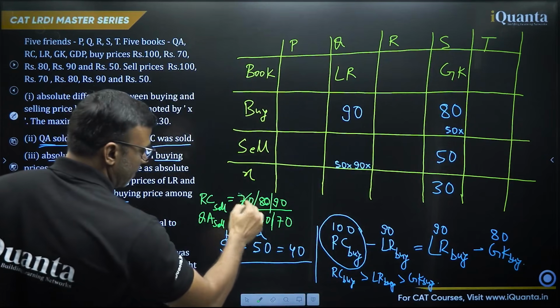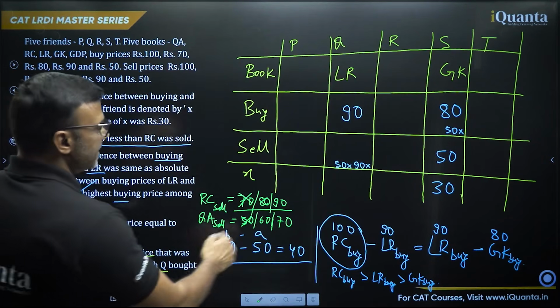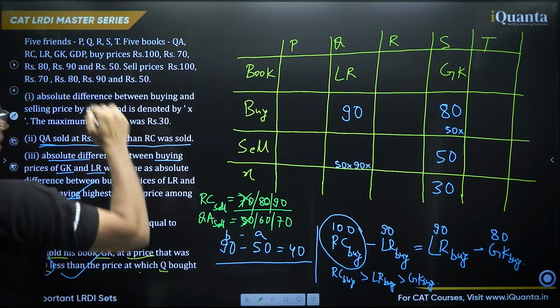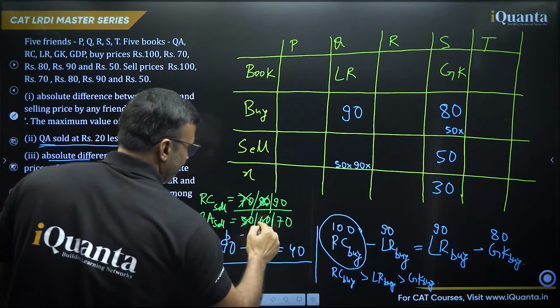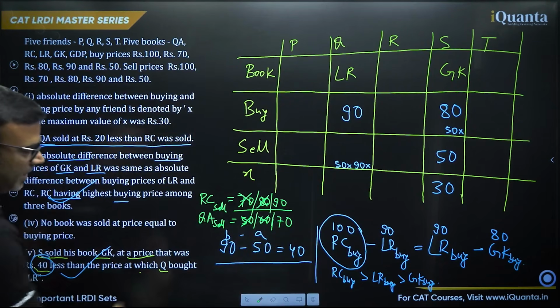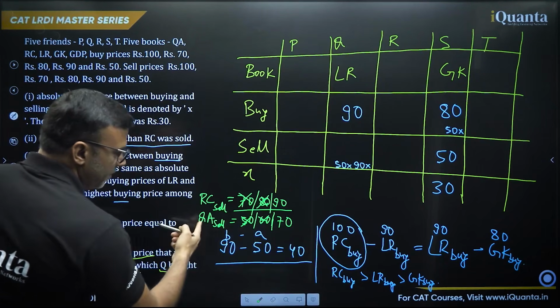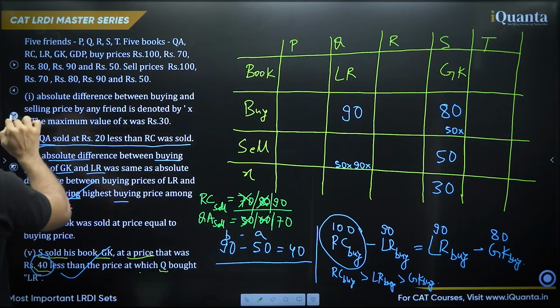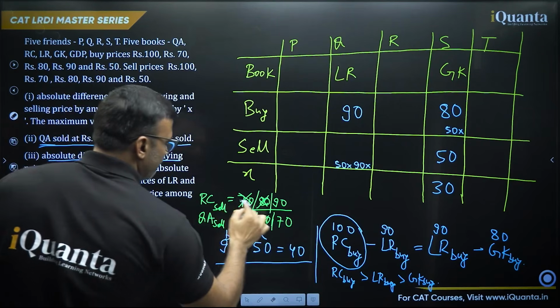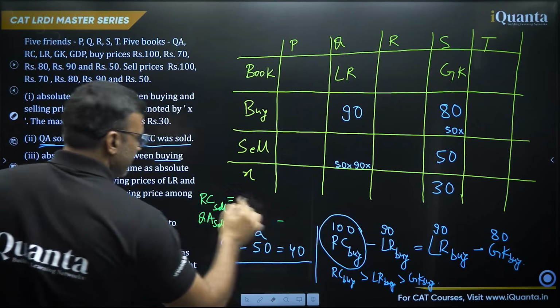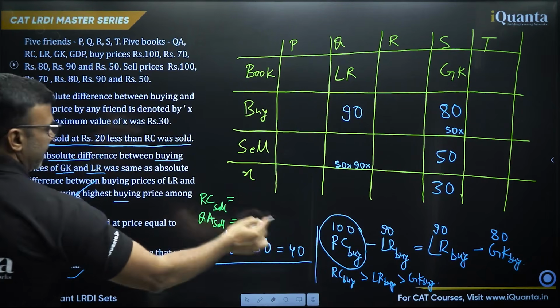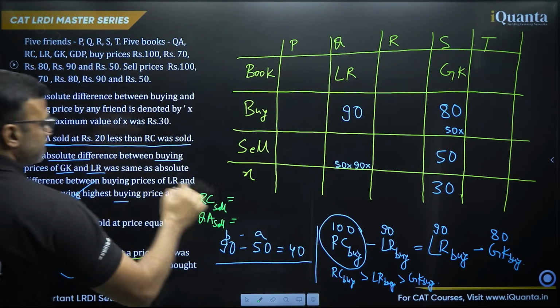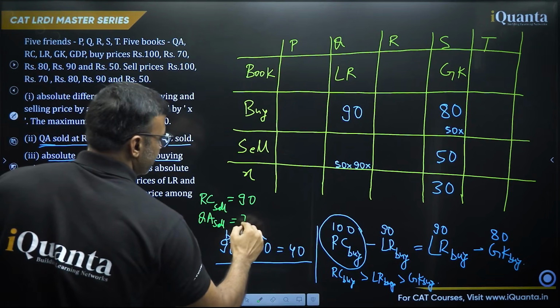So this is gone. QA selling price cannot be 60 because that value is not available. So this is also gone. So what are we left with? Only one possibility, that RC selling price is 90, QA selling price is 70. Right? So I'll remove other possibilities. So we have RC selling price as 90, QA selling price as 70.